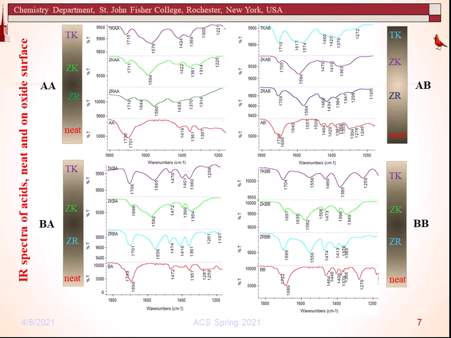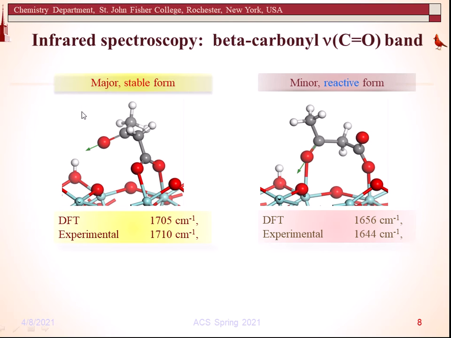The beta-carbonyl group doesn't change much. It is in that region 1710, 1715, and the same pattern is observed for all acids on all catalysts. We may conclude that the major form of beta-keto acids adsorption on surface is through the bidentate carboxylate, shown on the left.